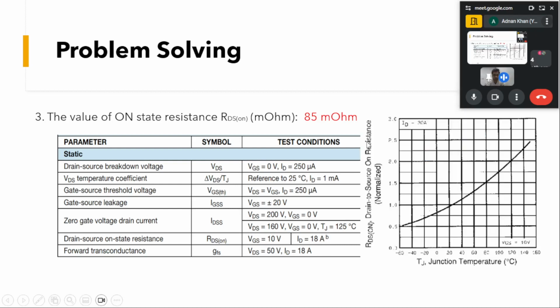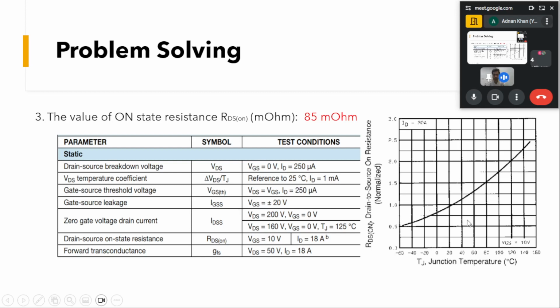There is also a graph provided in the data sheet where you can see that the junction temperature will vary with the RDS on. If, let us say, our junction temperature is like 100 degree, then our RDS on will be equal to 1.75 times the actual RDS on.